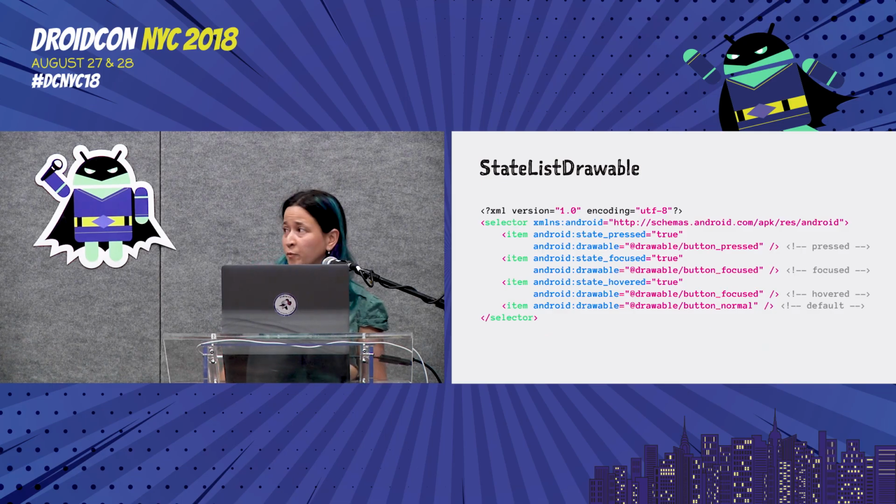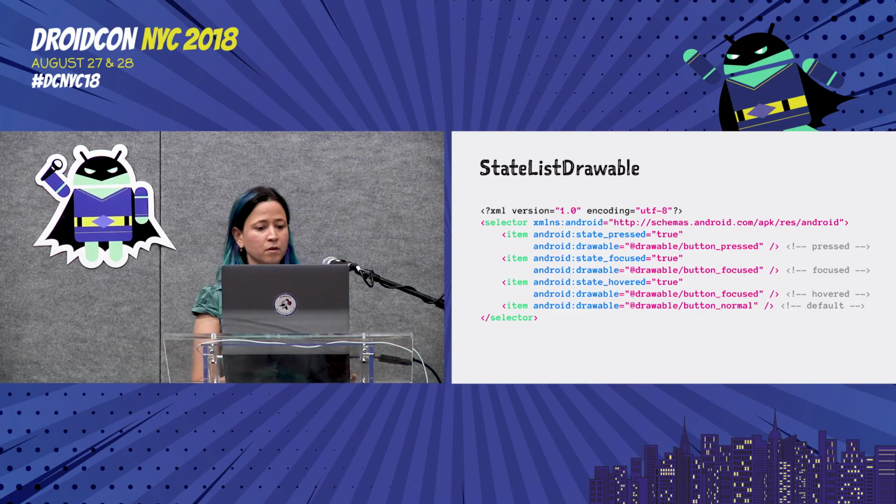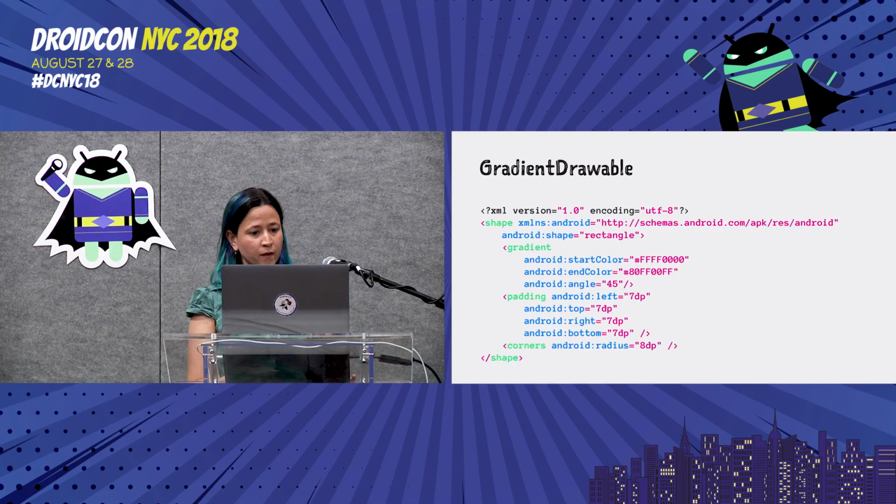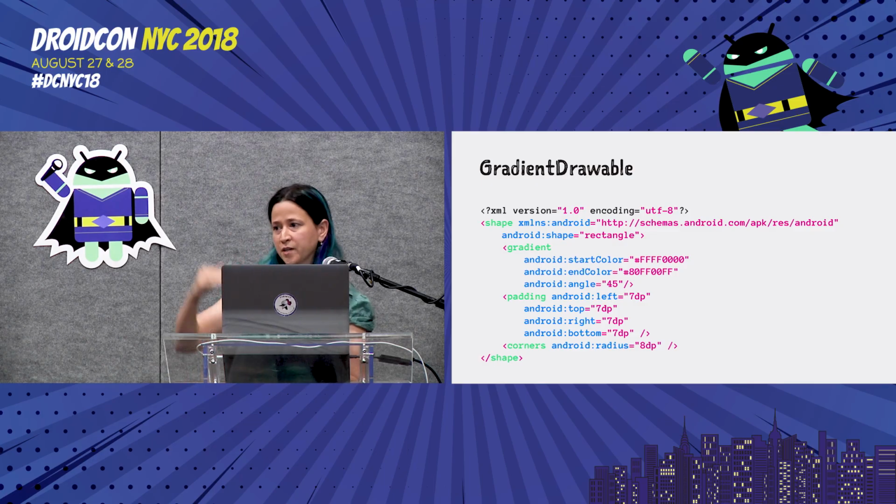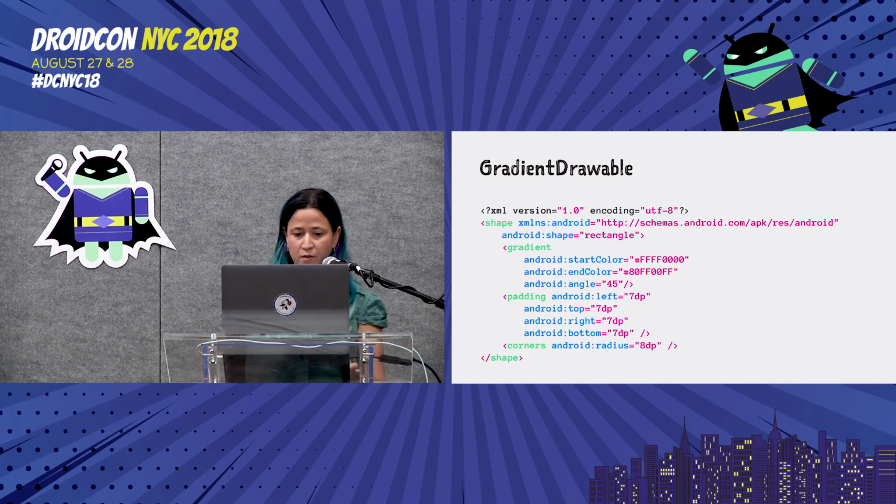A stateless drawable is a way to provide different drawables for different states of a view. And a gradient drawable is a way to provide a gradient color for, again, a view.